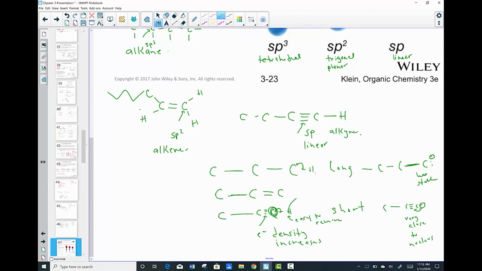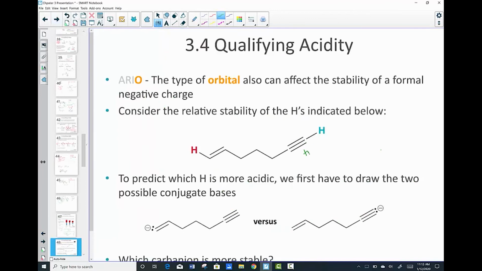So all of that to talk through orbital. When you compare a triple bond, which we called an alkyne, the bond distance here between these two carbons is very short. That makes this hydrogen very easy to remove. I should maybe say easier.